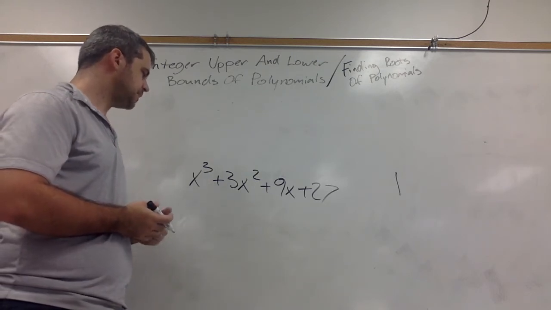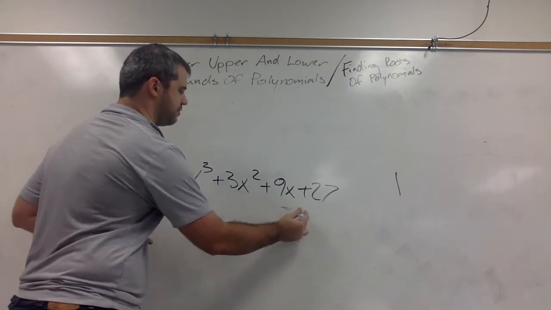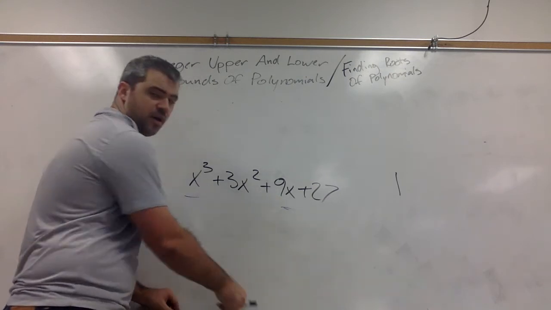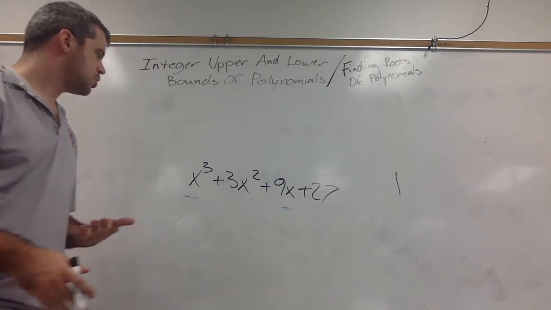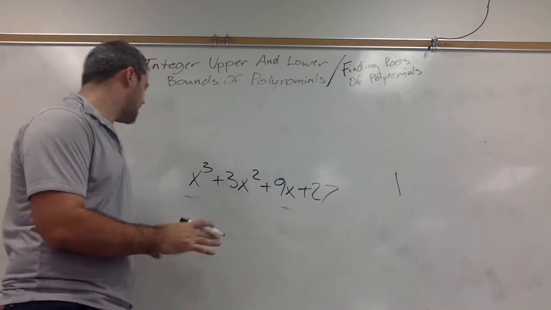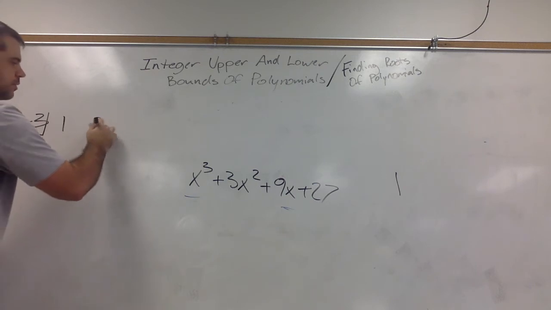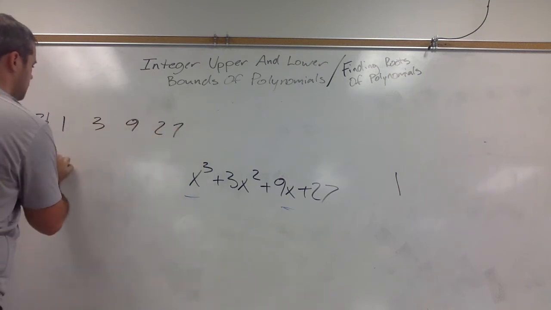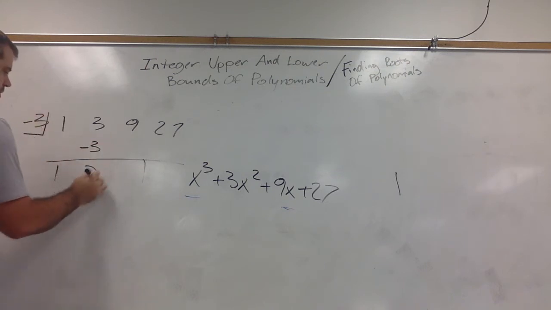On the negative side, okay, we have 3 sign changes, so it could be 3 or 1. So I am going to have to look on the negative side. So let's check it out. Let's try out, I'm guessing in the dark here, 1, 3, 9, 27. So 1, negative 3.